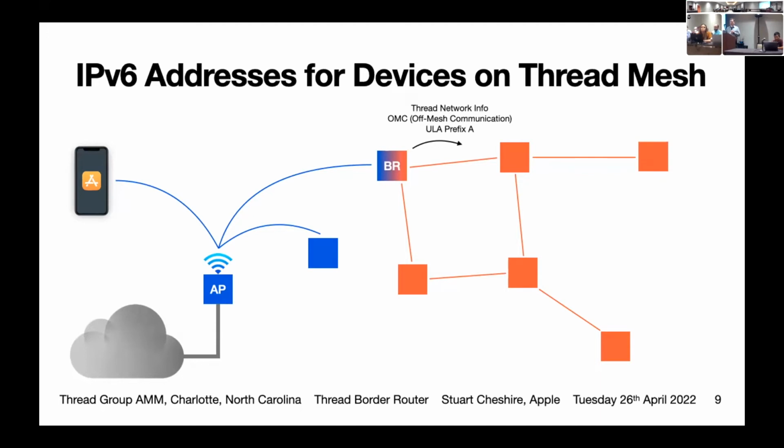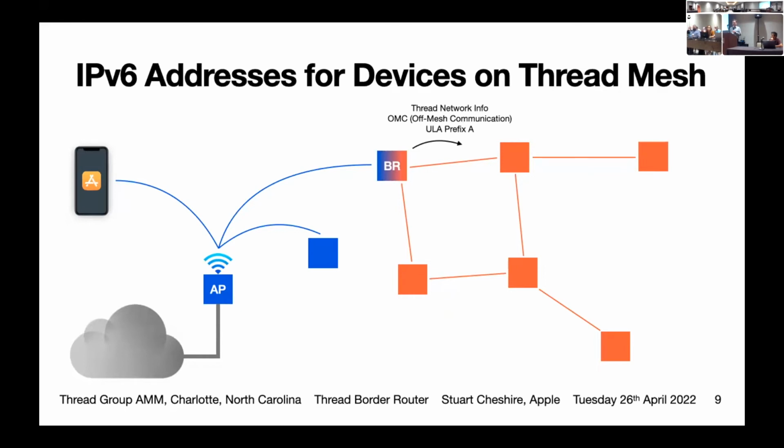Now, if your corporate network or your home ISP supports IPv6 DHCP prefix delegation, then you can actually get allocated a global IPv6 address that is reachable from anywhere within your enterprise, or in principle, if you want, from anywhere in the world.